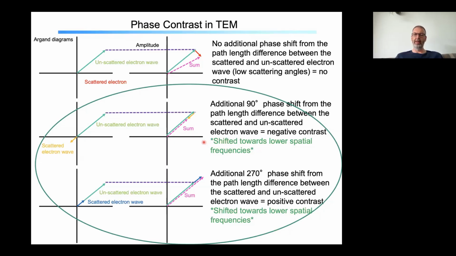So again, if we go back to our diagrams, what that means is that the additional phase shift that we see through path length difference between our unscattered and scattered electron wave is shifted towards lower spatial frequencies, which means that those spatial frequencies are transferred better by the objective lens of the microscope, which means in our image it's easier for us to see them.